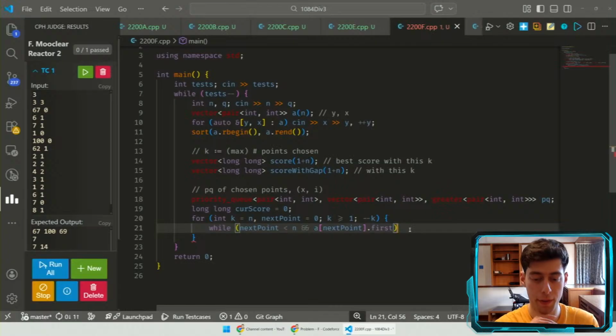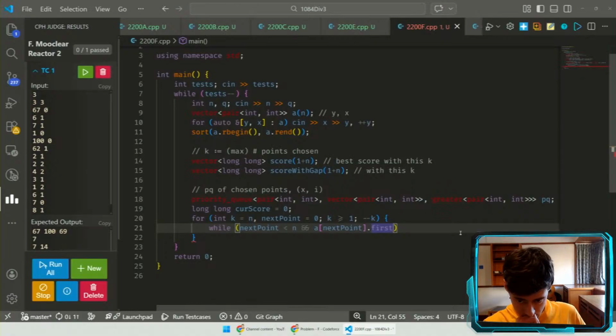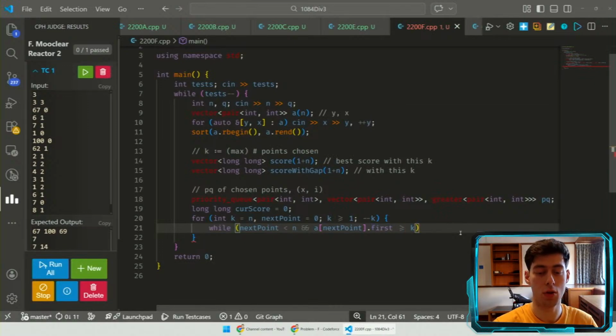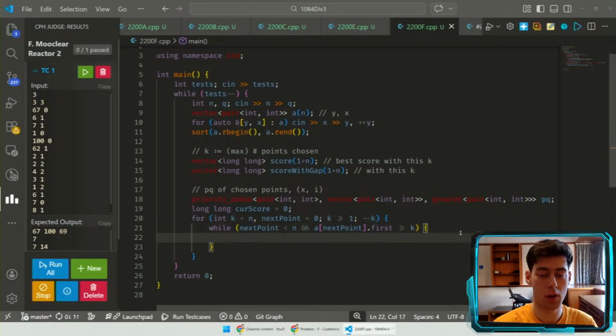So while the y that it allows is at least k, so while the y hasn't gone down by too much, I'm going to add this point.